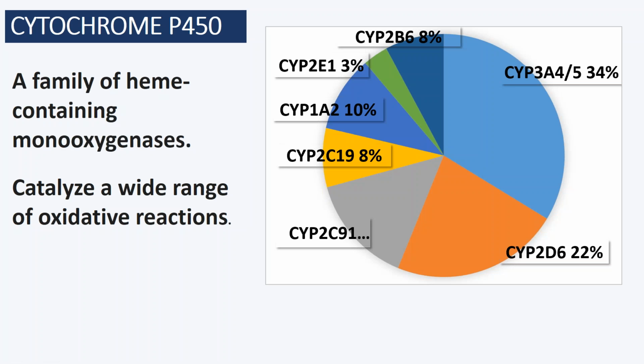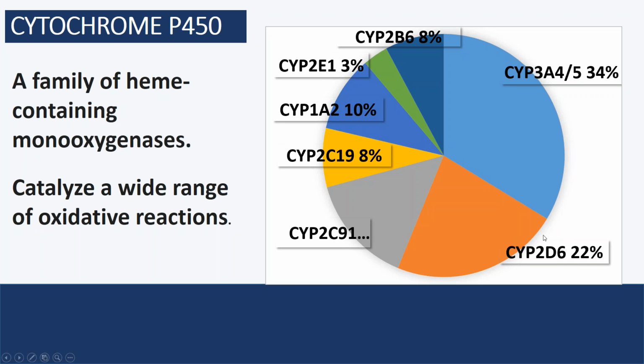Within those cytochrome P450s, there are sub-enzymes. Among them, the most common enzyme is CYP3A4, which is approximately 34%. The second most common enzyme is CYP2D6, which is 22% of the enzyme subtypes.